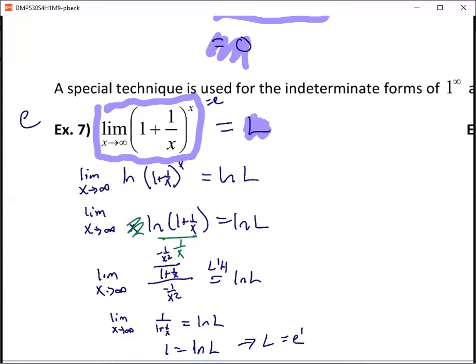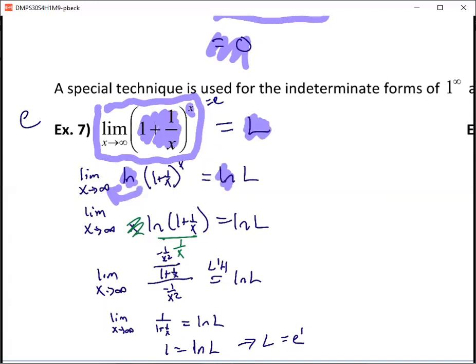What's prompting this is I have this special kind of function with some form of x to the x power. And if you remember, we did this when we did derivatives, logarithmic differentiation. This is kind of like logarithmic limits. We take the natural log of both sides. Notice how I brought the limit on the outside, because limits can do that.